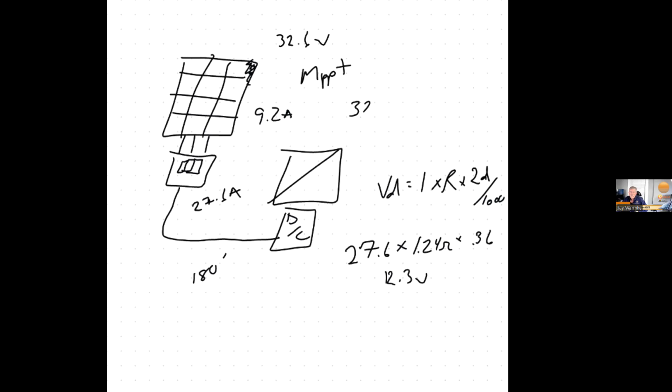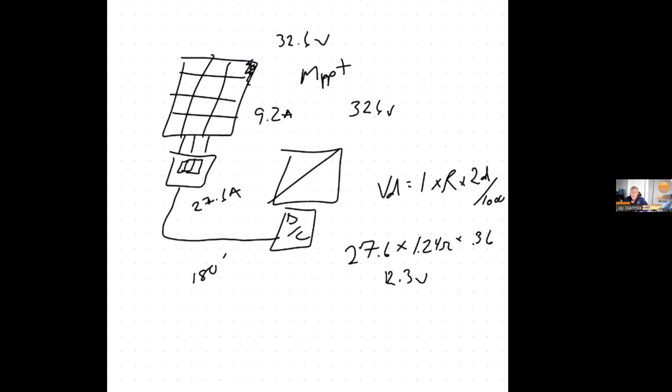So my system is 326 volts because I hook them up in 3 strings of 10, which is just how I'm configuring this. So what's my voltage drop? It's 12.3 divided by 326. That's almost 4%. So that's not acceptable.